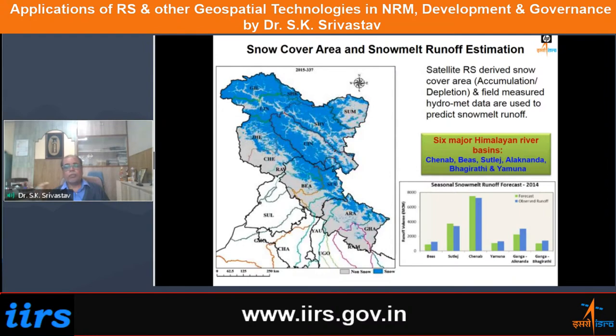This information is very, very critical if you want to monitor in the long term what kind of changes are happening in the upper parts of the Himalaya as far as the snow line is concerned, or the changes in the glaciers, whether they are retreating or advancing.